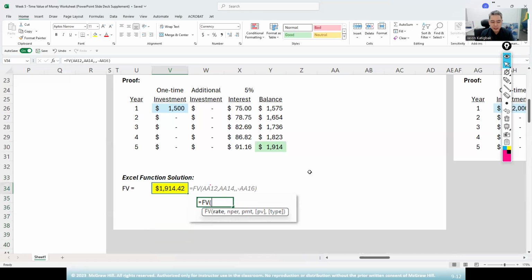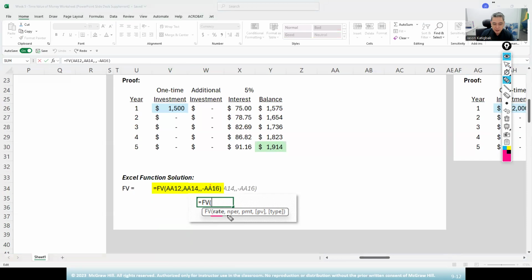If I want to compute in Excel, remember equals PV before. Now it's actually FV, but it uses the same operation. It's the rate, NPER, and then instead of the future value, it's now PV. And then you skip the type, right? So I skip this one and I skip this one.